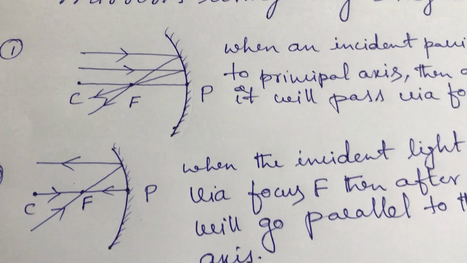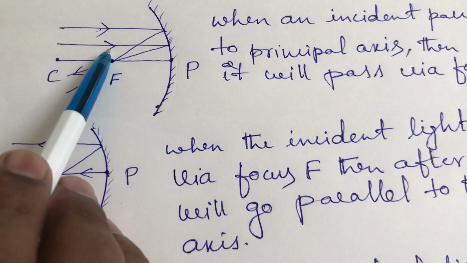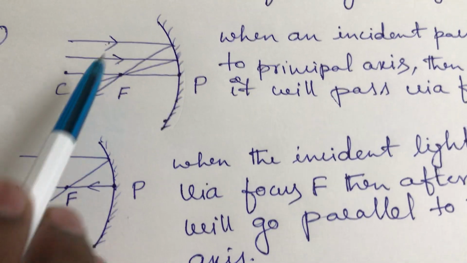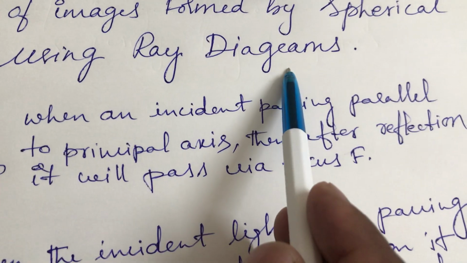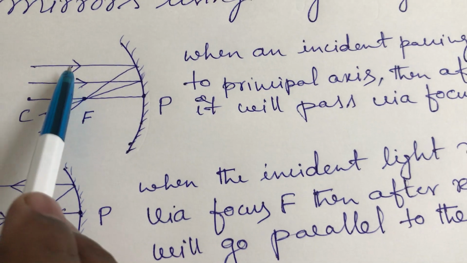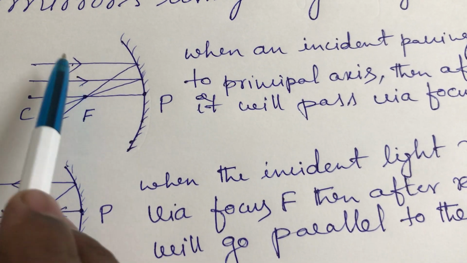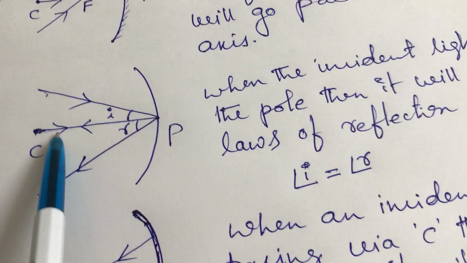In all these 4 diagrams, we have observed one thing. I have represented with an arrow mark. This arrow mark is very important. That's why we call them ray diagrams. Ray means the path of the light. Light always travels in a straight line, so we have to represent the arrow mark.